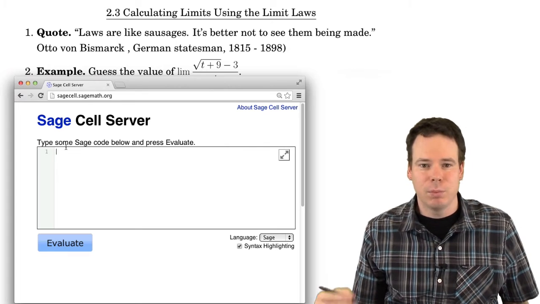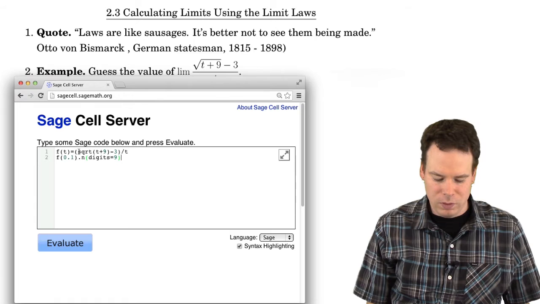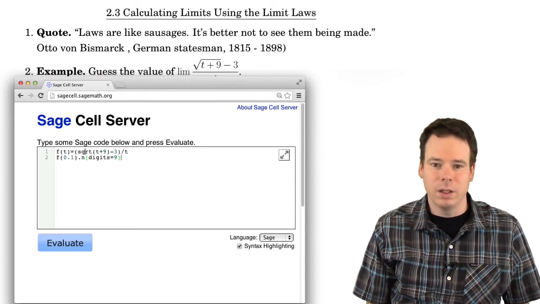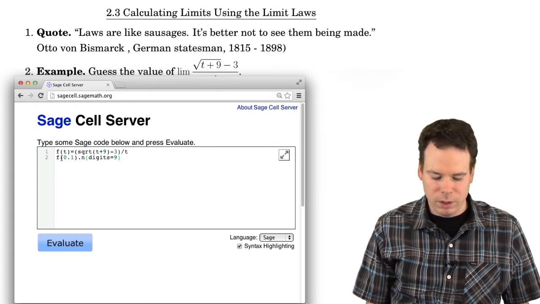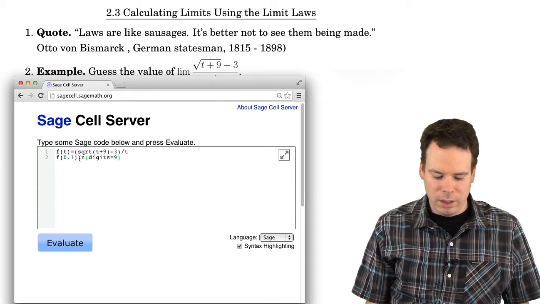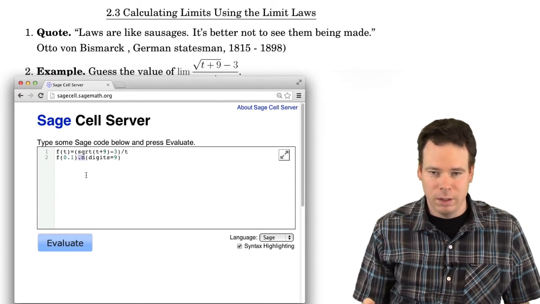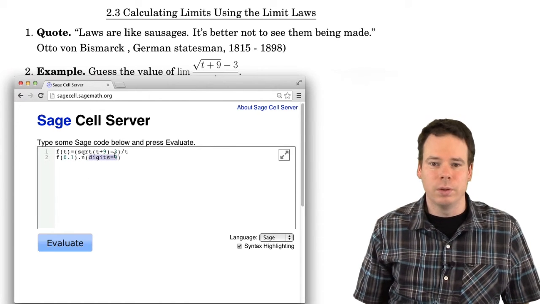I can input the function and ask it to work out some values. In the first line, I've defined the function, using sqrt as the square root function. In the second line, I've asked it to work out the value of f(0.01). The .n tells Sage that I want the answer in decimal, including only 9 decimal digits.